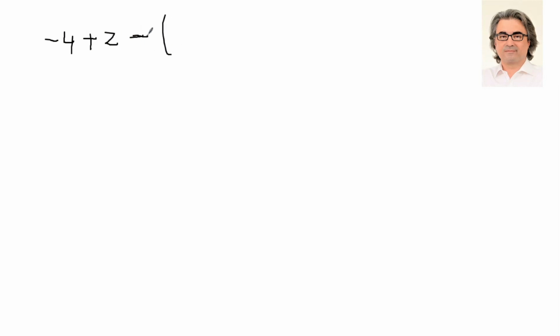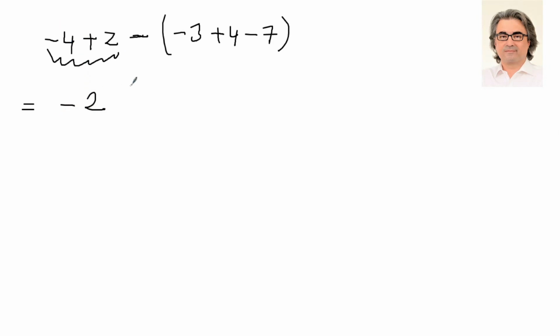Put a minus sign in front of the parenthesis and write the numbers in parentheses. Start from the left side. Minus 4 plus 2. They have opposite signs, so the difference between them is 2, and the sign of 2 is the sign of minus 4.